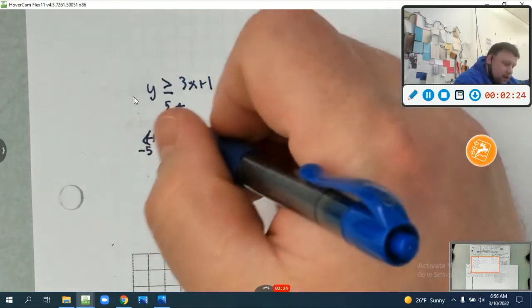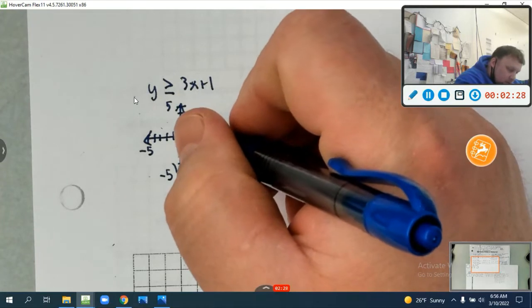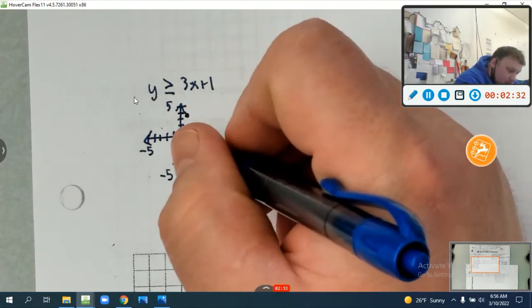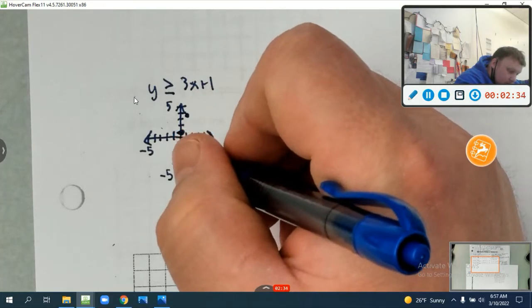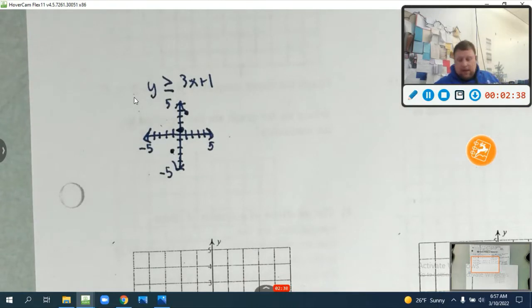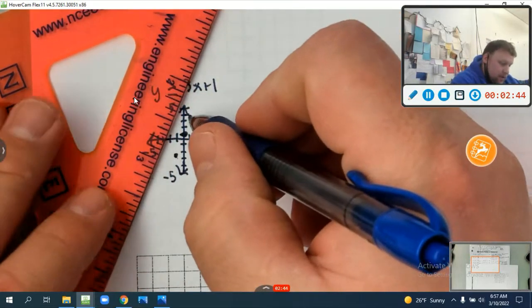Okay. And what does this tell us to do? It says, all right, start value is at 1. And then the slope tells us to go up 1, 2, 3 over 1. Or I can go back down 1, 2, 3 over 1. And then we're going to connect it. I guess I should probably have my handy dandy ruler out, like you see in every video.